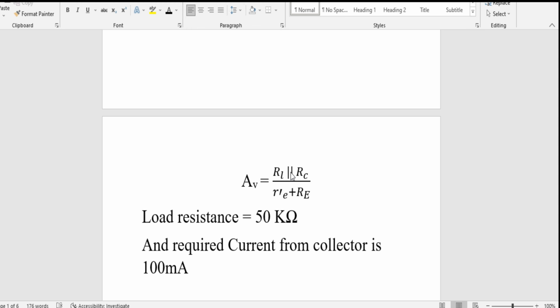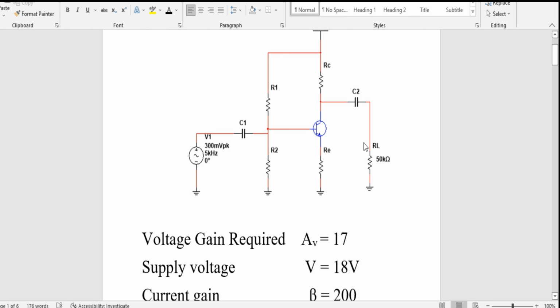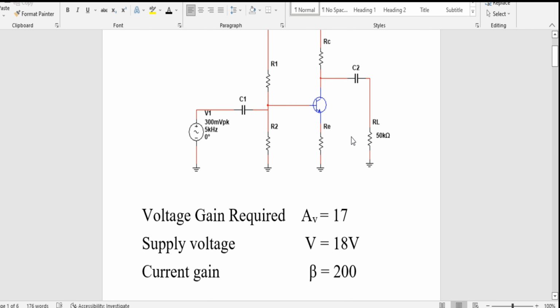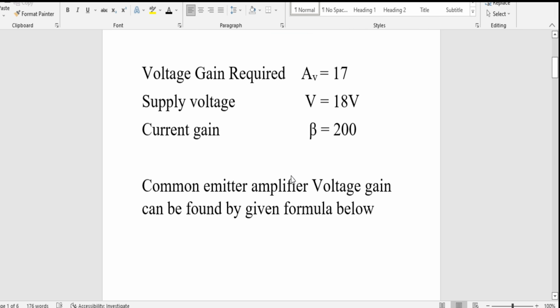Here I have included RL of 50 kilo ohm for this stage, because at the end this circuit will also be facing about 50 kilo ohm. You can mitigate it or exclude it also.